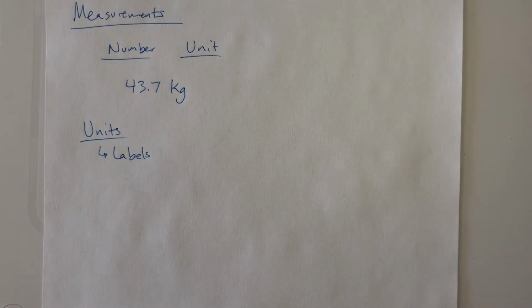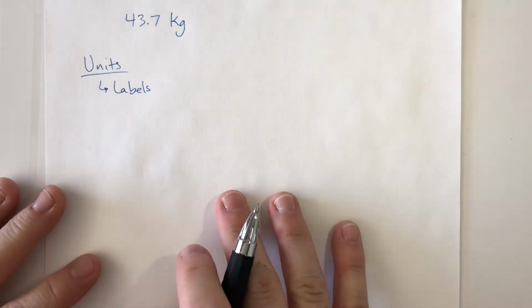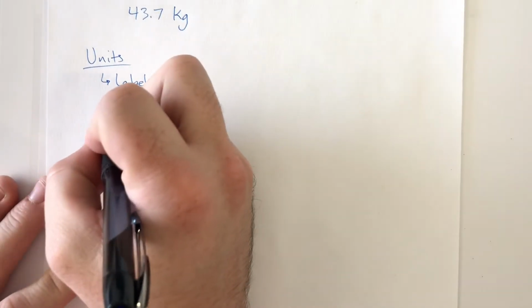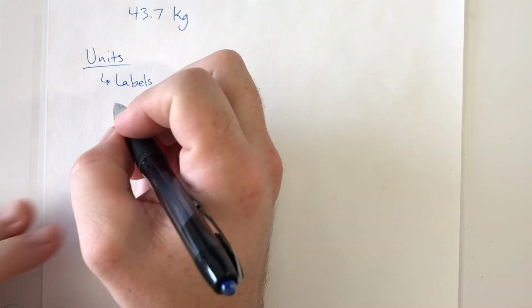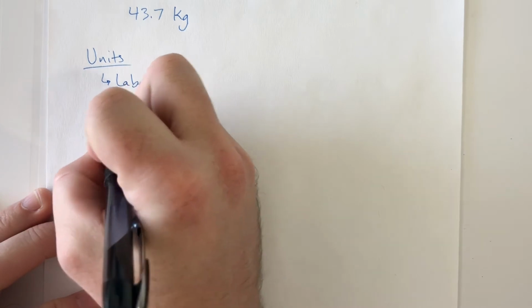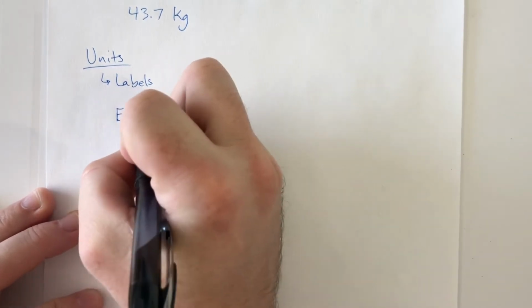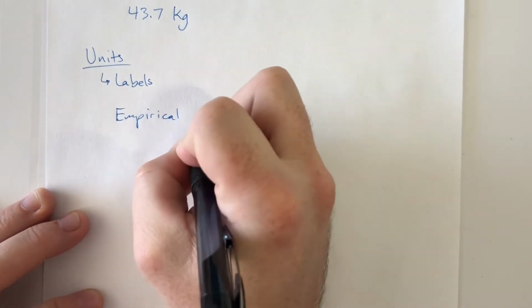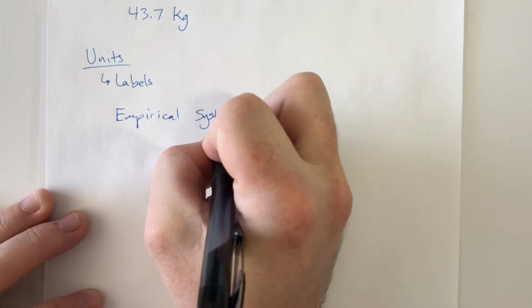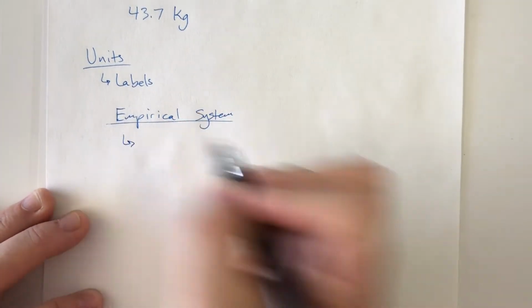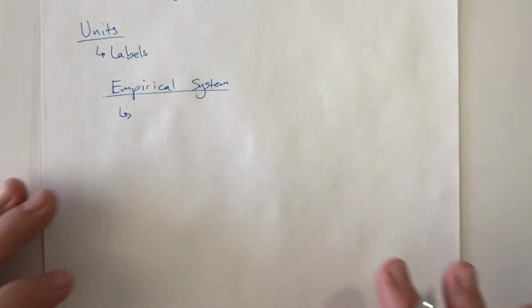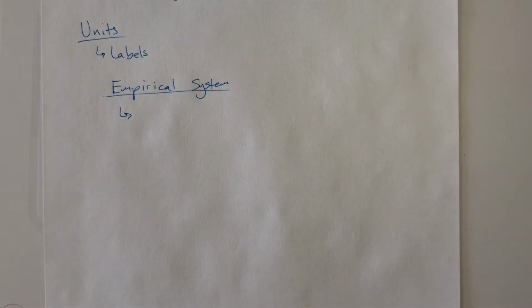For units, there is the, what's it called? The Empirical System? I think this is what it's called. For some reason I always forget the name of this. The Empirical System, which you could visualize as the British units. The British people came up with this.